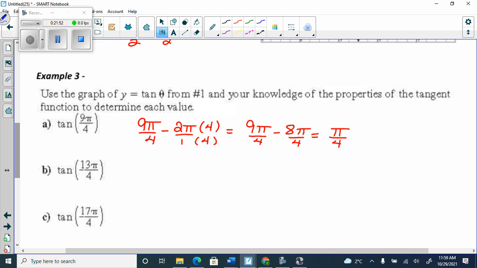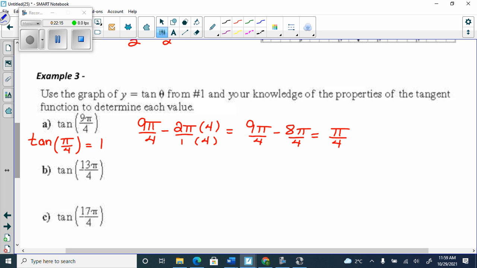So this is the same as tan of pi over 4, which is 1. You can also check these. Put your calculator in radian mode and type tan 9 pi over 4 and you should get 1.